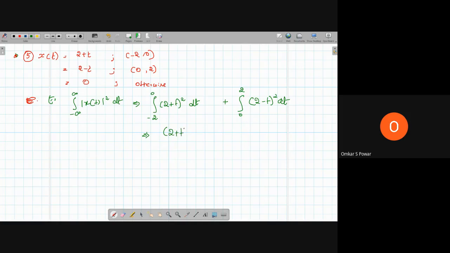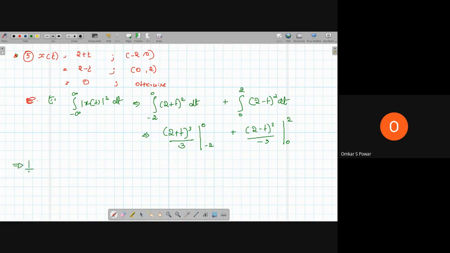So if you integrate this, what you will get? 2 plus t the whole cube by 3, integral varies from -2 to 0, plus 2 minus t the whole cube divided by minus 3, because here it is minus 1, integral varies from 0 to 2. So how do you solve this one?